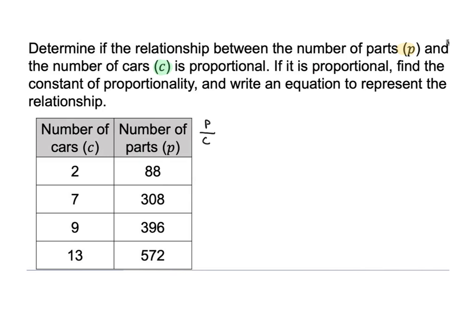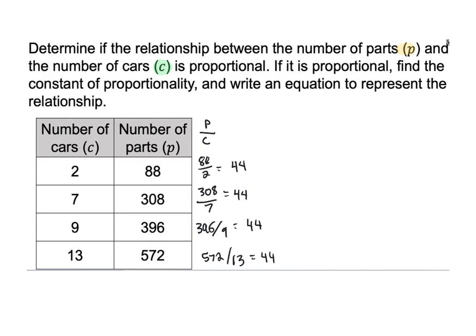And so if I say 88 over 2, I get 44. If I say 308 over 7, I get 44. 396 over 9, I get 44. And 572 divided by 13, I get 44.